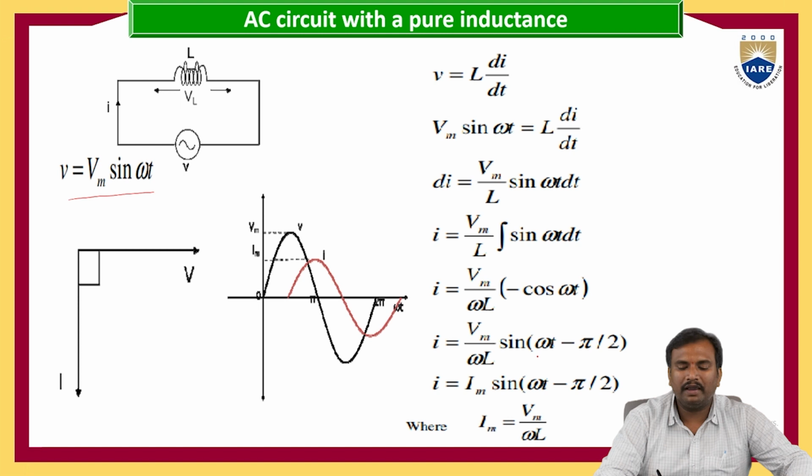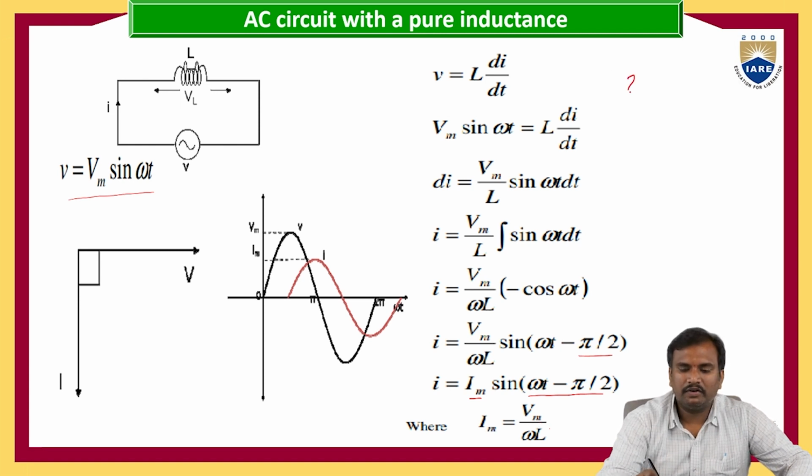So I is equals to Im sine omega t minus pi by 2, where Im is equals to Vm by omega L.